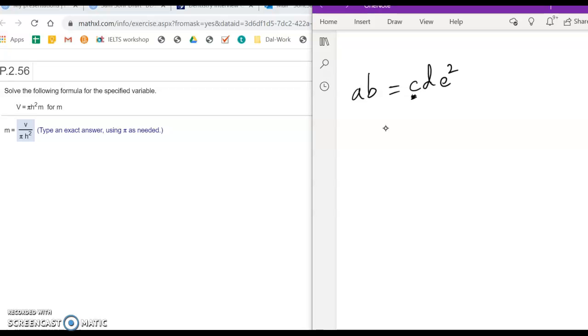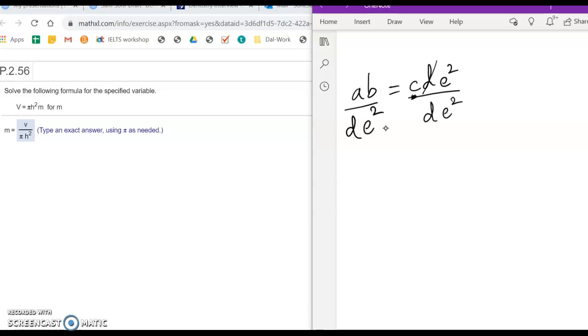So you will say, you want C here, so you don't want D, I'll divide this by D, and you don't want E square, so I'll divide this by E square. But whatever is done on one side should always be done on the other side of the equality. So we will divide the other side by D E square as well.